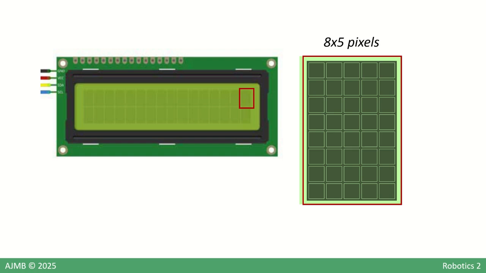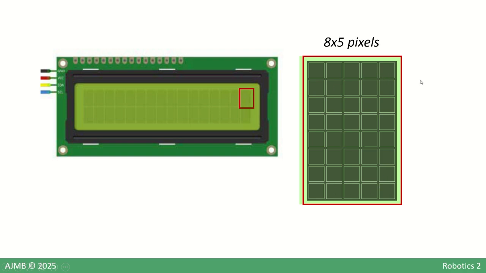And if you look closely in each of these boxes, you can see that they are composed of individual pixels. These pixels are 5 by 8. That means 5 columns, small boxes like this, and then 8 rows. So a total of 40 per cell, right?